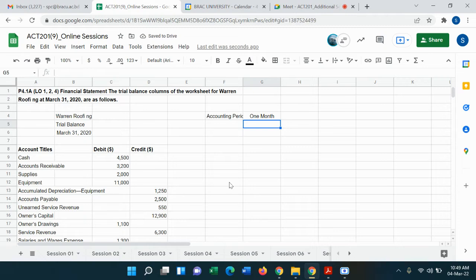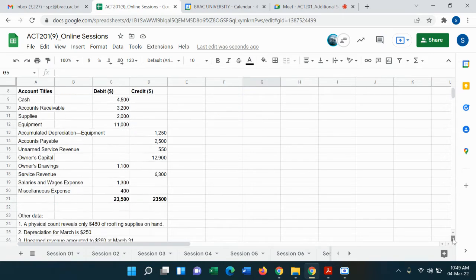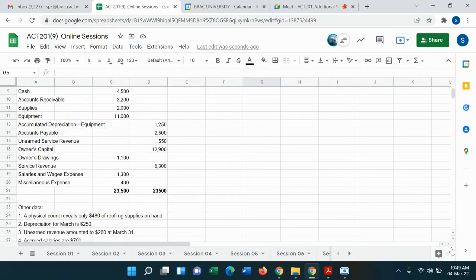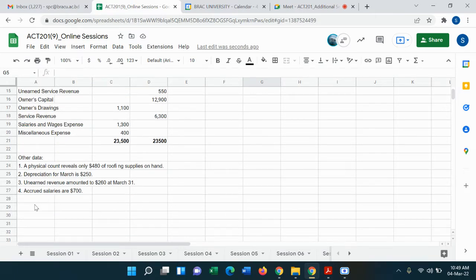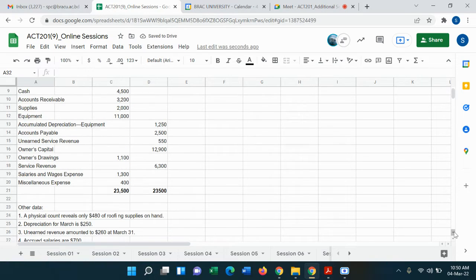So this is the trial balance they have given to us. Now these are the additional information they have also given to us. Now we are supposed to do the necessary adjustments. These adjustments will be done by you. I will just write it down.